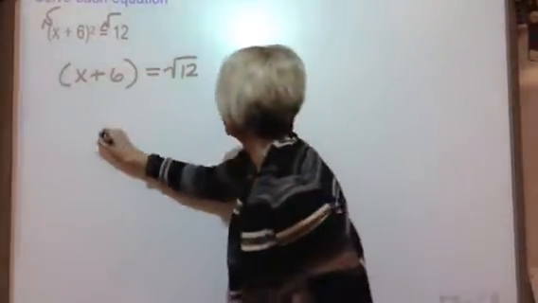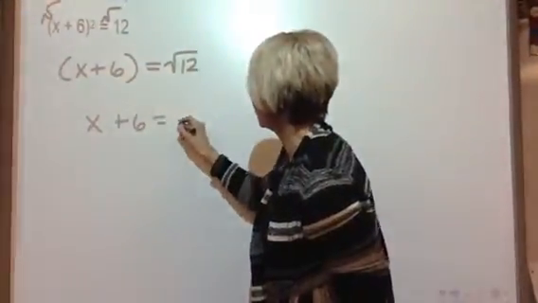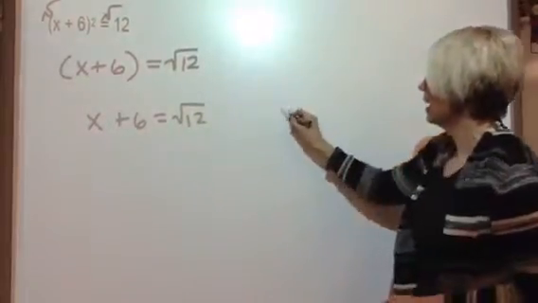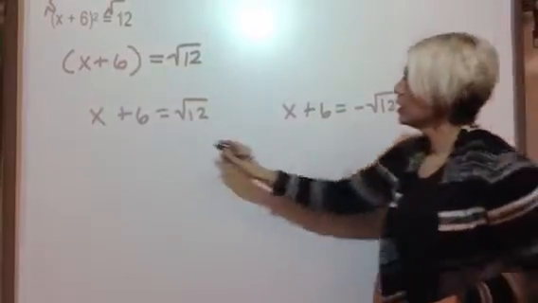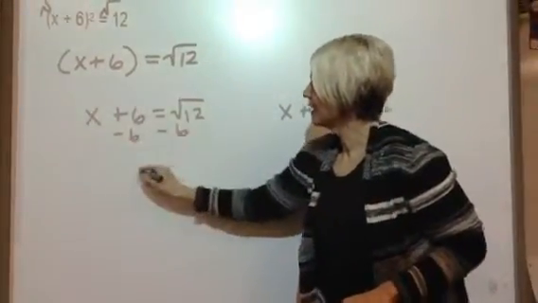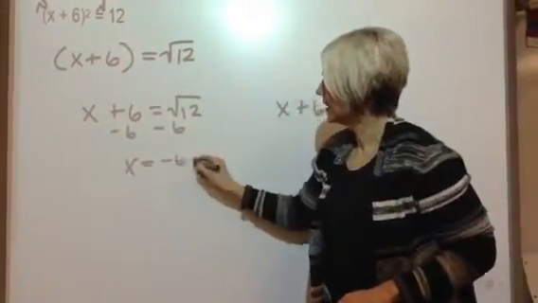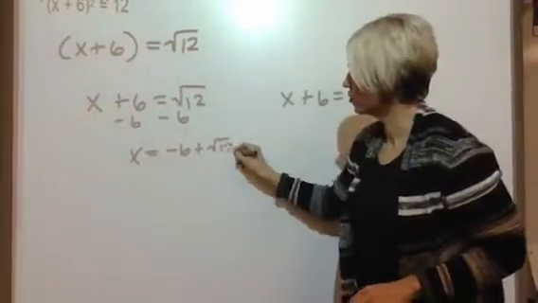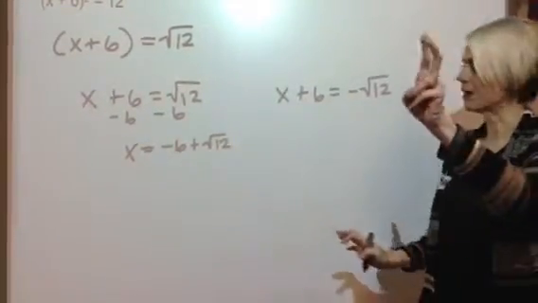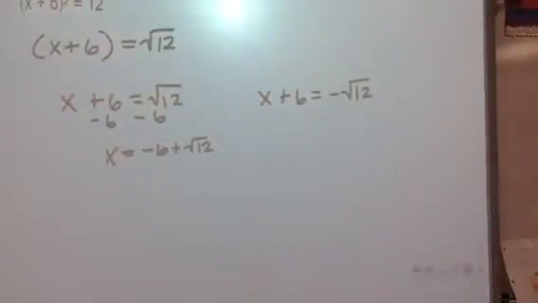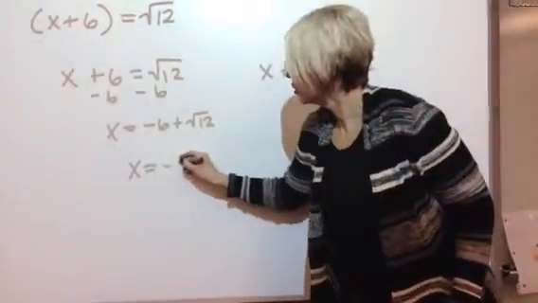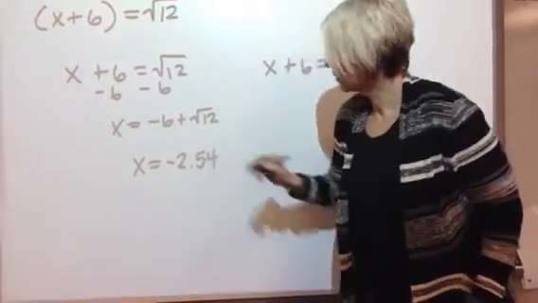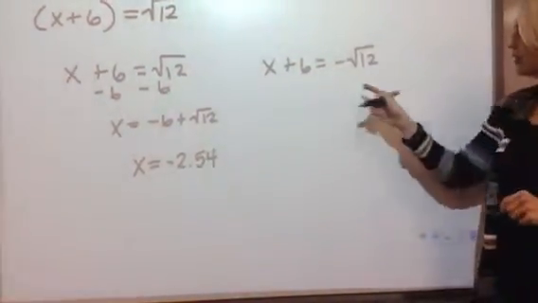And this is going to be x plus 6 equals positive radical 12, and x plus 6 equals negative radical 12. So I'm going to subtract 6, and x equals negative 6 plus radical 12. And when you do that on your calculator, go about 2 decimal places. So if you subtract 6 from that, you get about negative 2.54. You could try it on your calculator and see if you agree there.